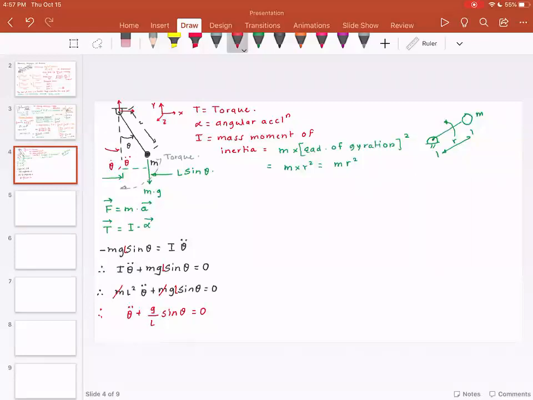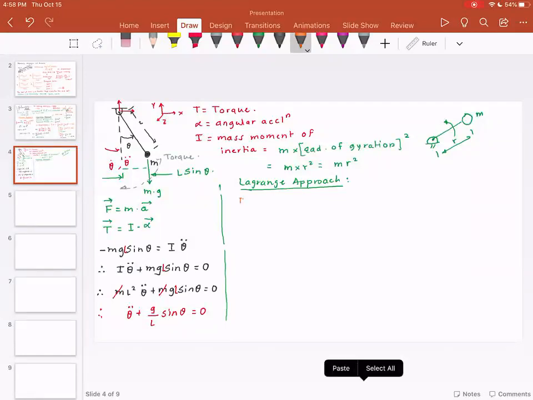Now what I'm going to do is solve the same problem using the Lagrange approach. The only things you need in the Lagrange approach are the potential energy and kinetic energy. So for the pendulum problem, let's start with the kinetic energy.